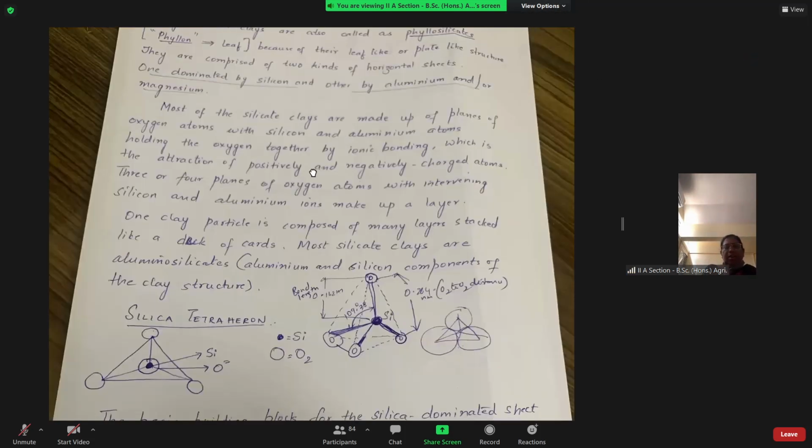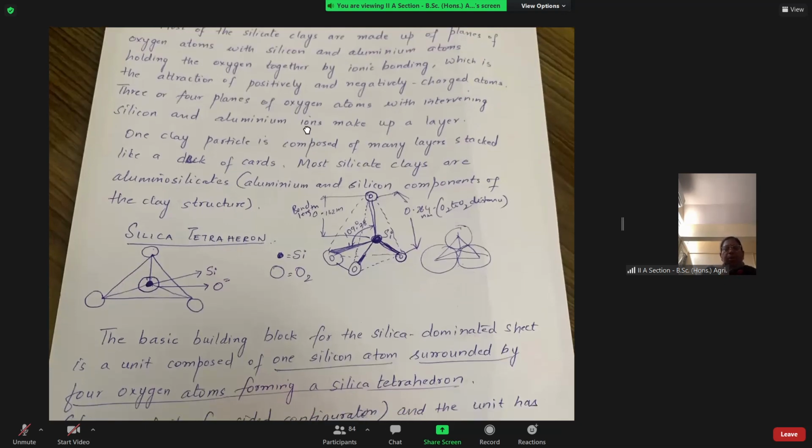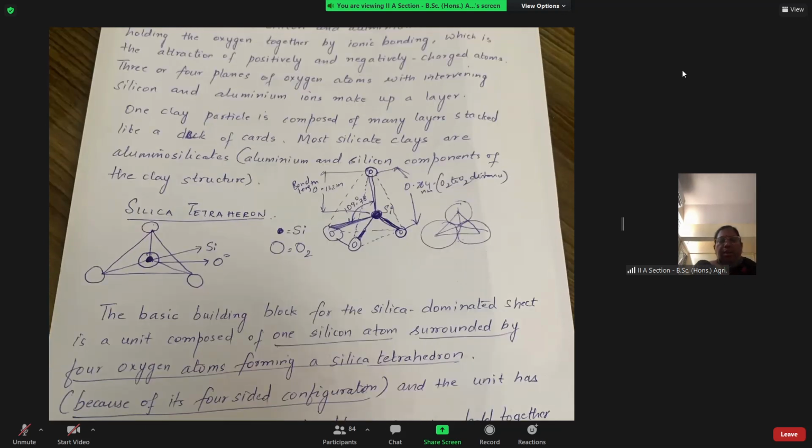So the basic building block for the silica dominated sheet is a unit composed of 1 silicon atom surrounded by 4 oxygen atoms forming a silica tetrahedron. So you should know what is a silica tetrahedron. You will be asked, silica tetrahedron refers to 1 silicon atom surrounded by 4 oxygen atoms. That constitutes the silica tetrahedron.